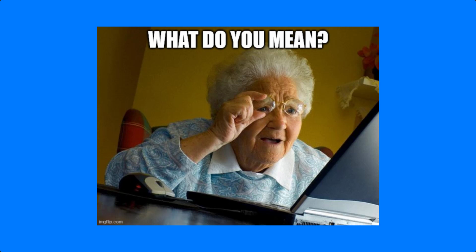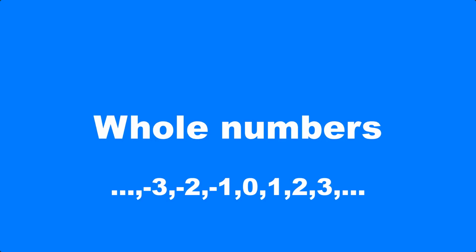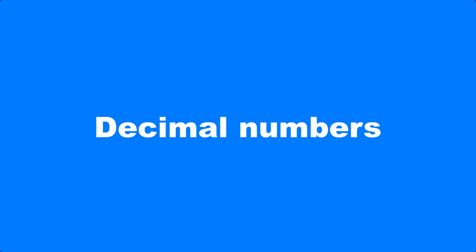We use different types of variables to hold different types of data. You might wonder, what do you mean different types of data? For example, a text is a type of data. Whole numbers such as 1, 2, 3 are a different type of data. Decimal numbers such as 0.1, 2.5, 0.3 are a different type of data.